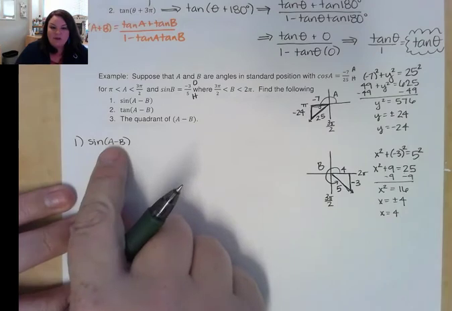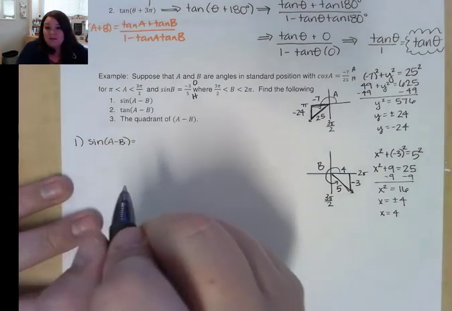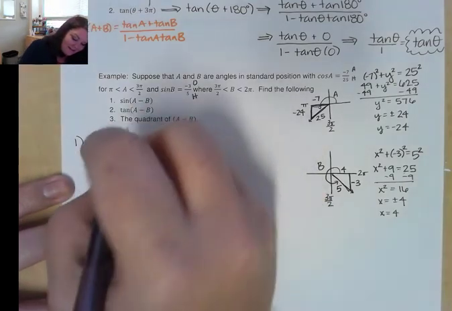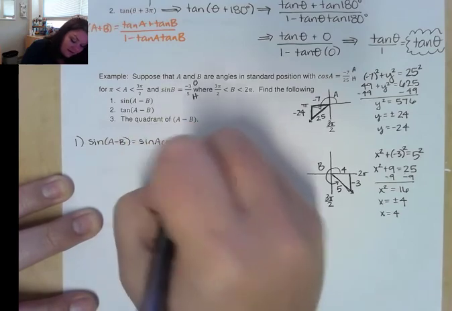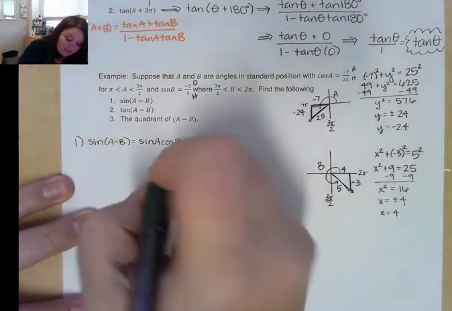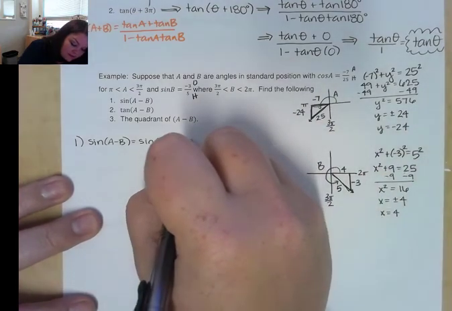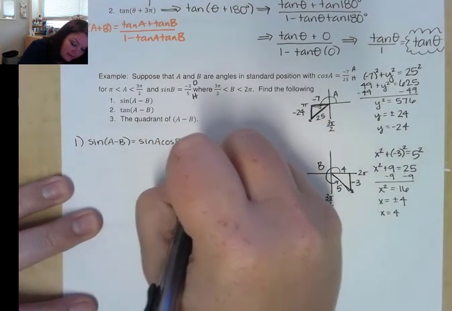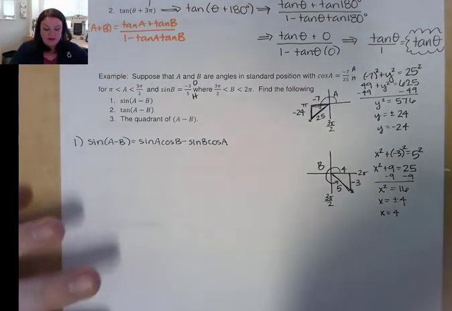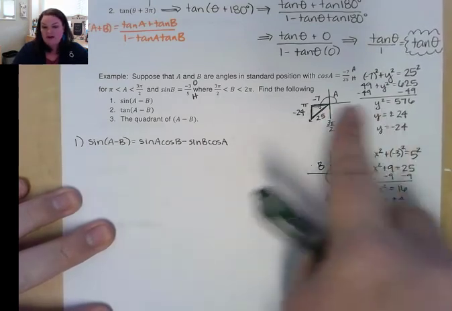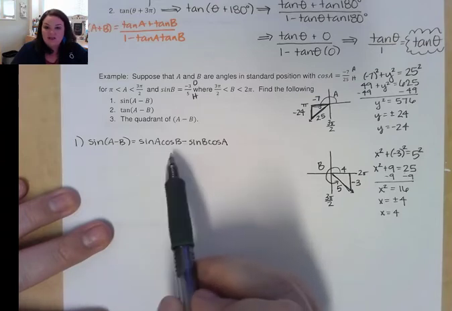So I'm going to go ahead and plug in my formula, right? Sine is ABBA, so cool, right? So that means we do sine A cosine B, then a sign change, right? So minus sine B cosine A. Okay, so now all we have to do is figure out what those values are here. Now for A and B, we just need sine and cosine.